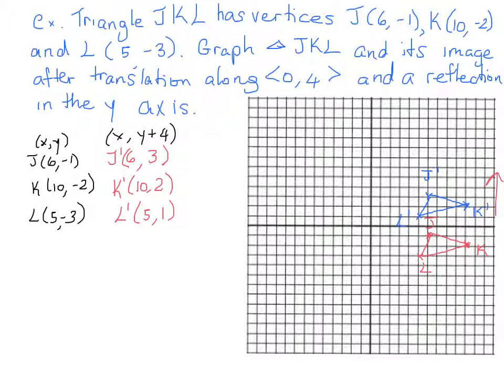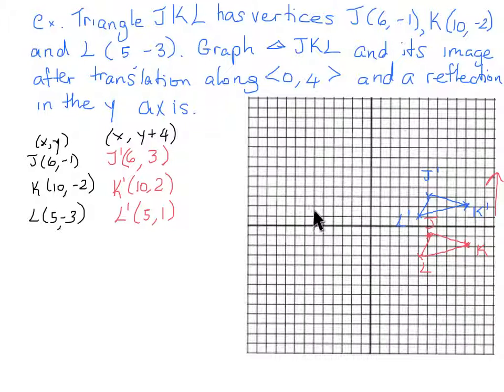So here's the cool thing about having our line of reflection as the y-axis. It makes it a little bit easier because everything will be on the same horizontal. So L, the reflection of L prime, will be on this line somewhere. And the distance from here to the y-axis will be the same as from here to the new image.